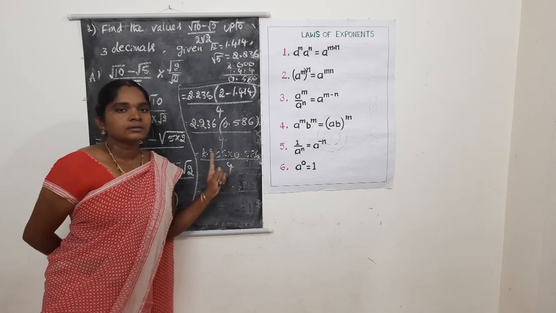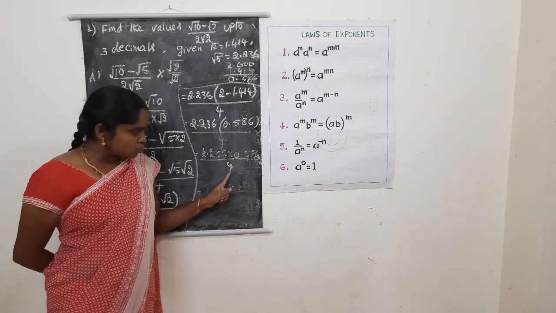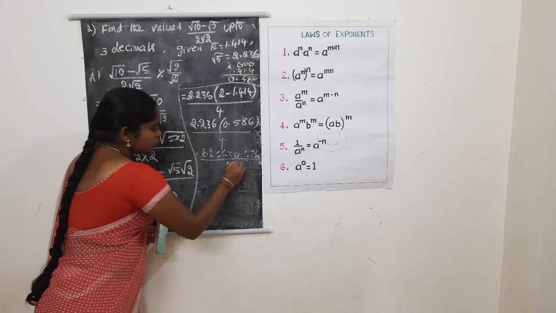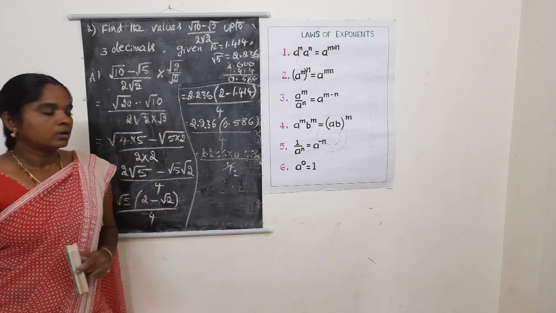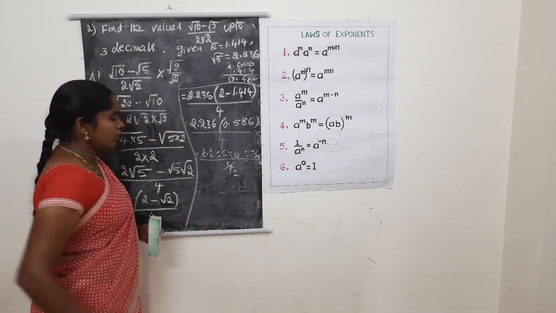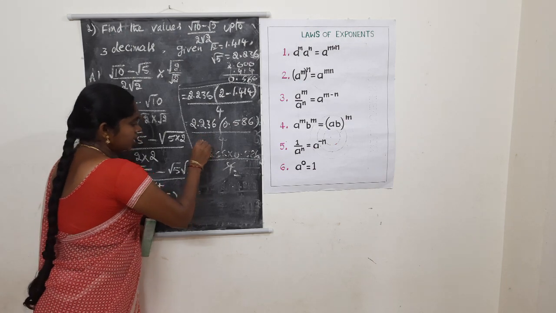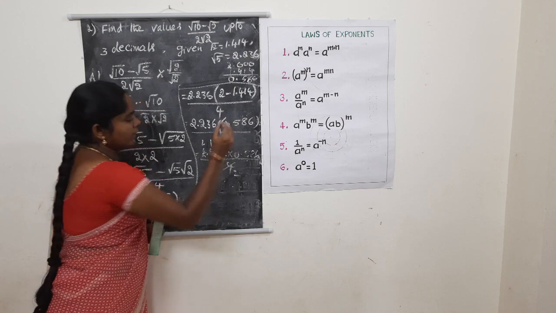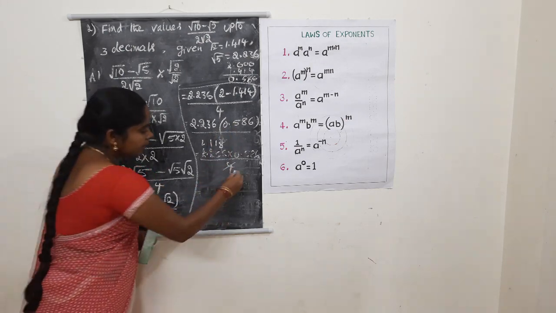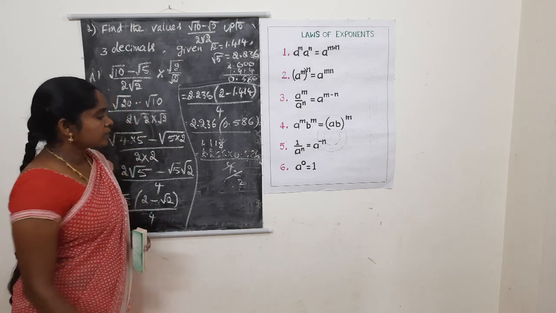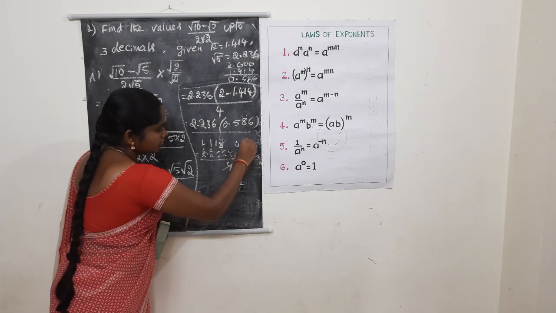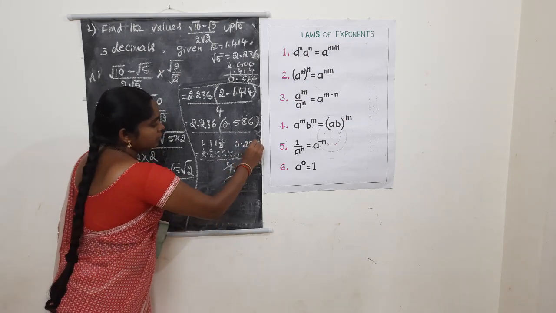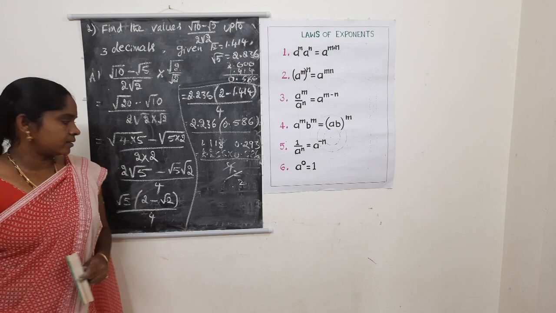Students, we can cancel these two with the 2 table. 2 2s are 4, 2 1s are 2, 2 8s are 16. Next, again cancel with 2. 2 1s are 2, 2 2s are 4, 2 9s are 18, 2 3s are 6.